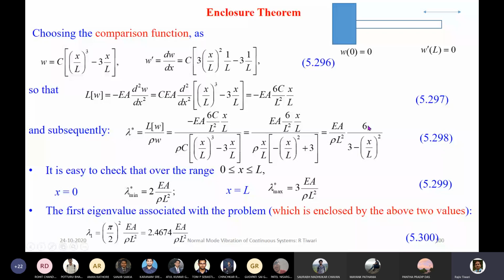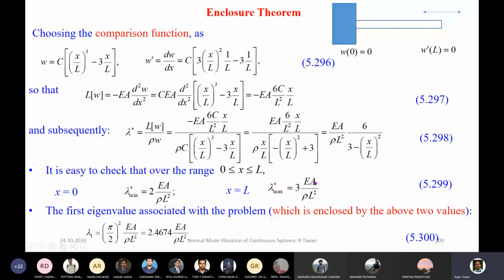In between, if you put x equal to any value, it will be between 2 and 3, the coefficients 2 and 3. So this is the minimum value which we'll get from this ratio, and this is the maximum value. In between, if we put an x value, they will be in between. So one of the natural frequencies should be there between this and this.